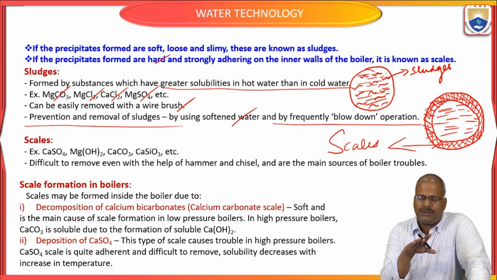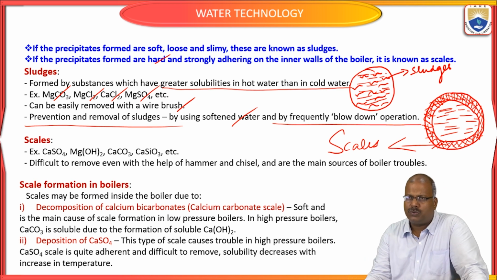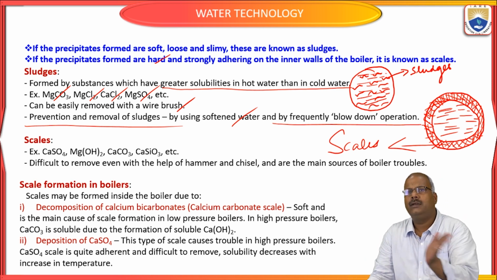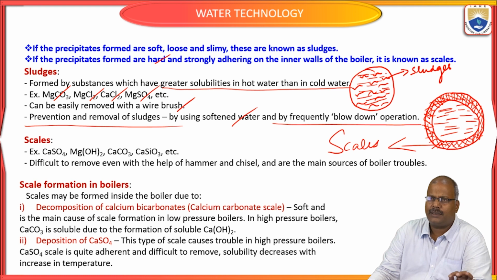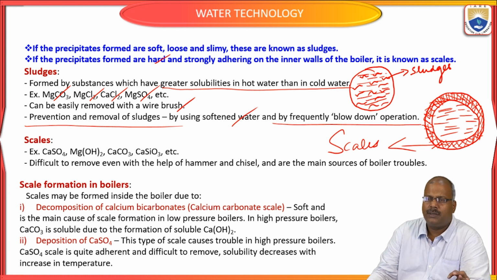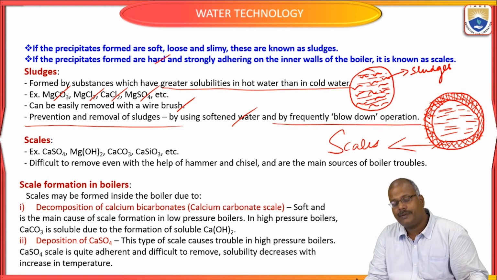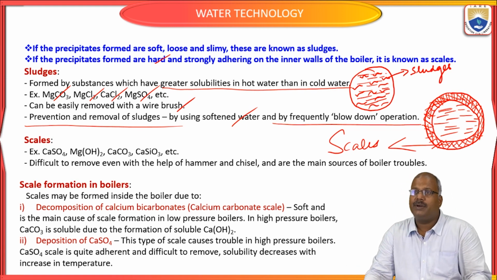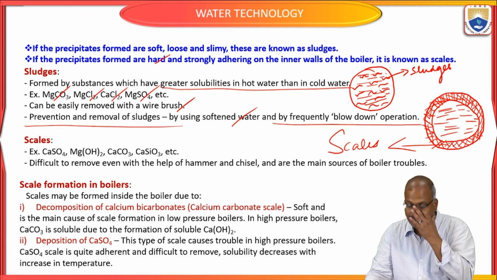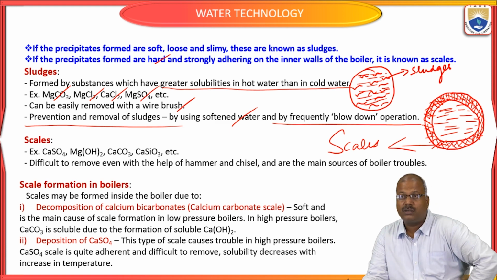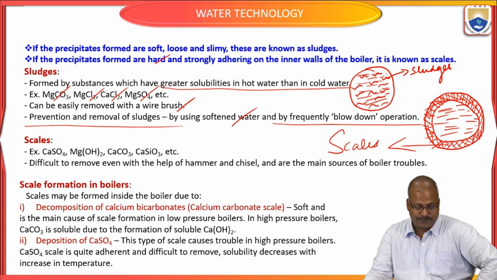When water reaches that level, you remove that water and start again by filling fresh water. That is blow down operation. So sludges can be removed by blow down operation, whereas scales cannot be removed.